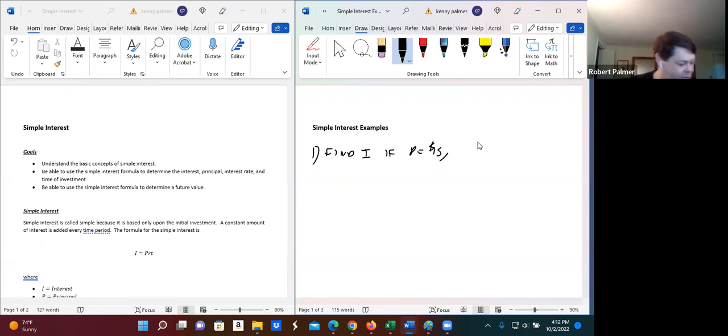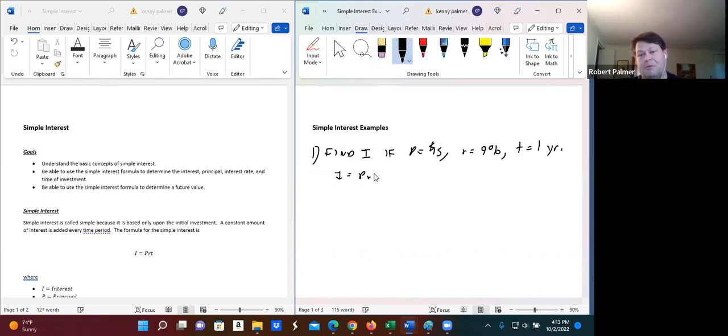Our interest rate is 9% annually. And for T, let's just do 1 year first. So we want to find our interest given this. Our formula, once again, is I equals PRT.